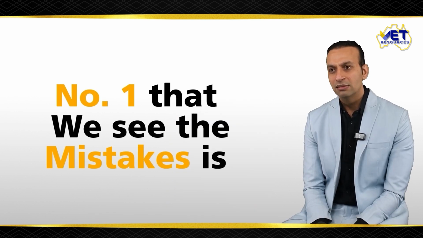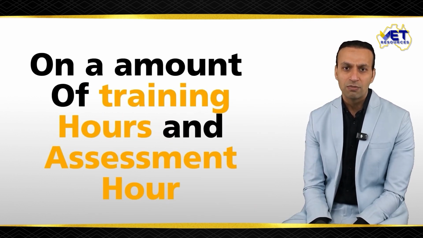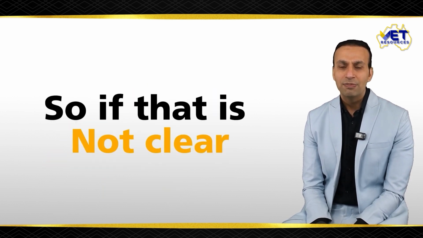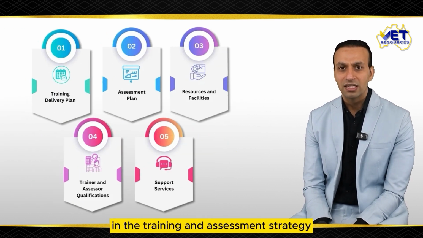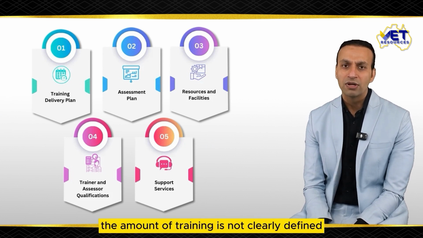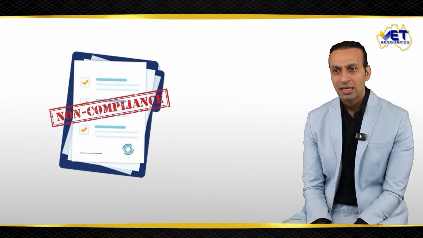So number one that we see the mistakes is the lack of clear information on amount of training hours and assessment hours. So if that is not clear in the training and assessment strategy, the auditor will say that, okay, amount of training is not clearly defined, therefore you get the non-compliance.